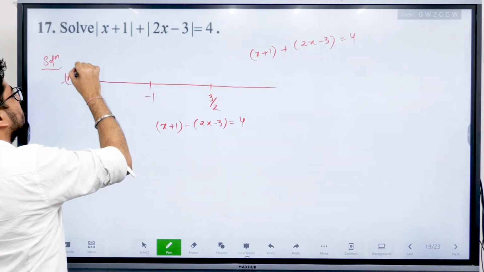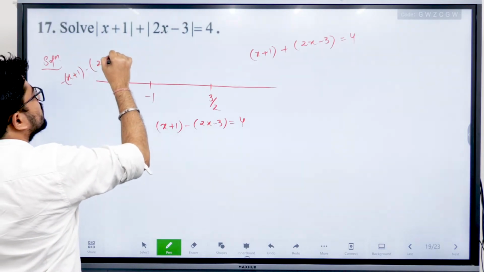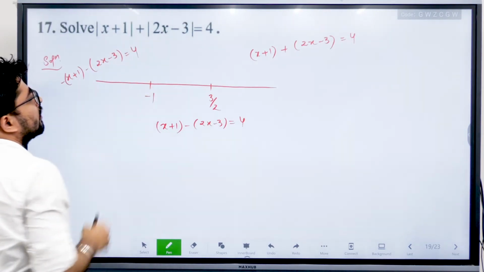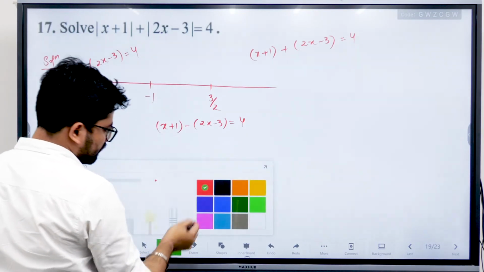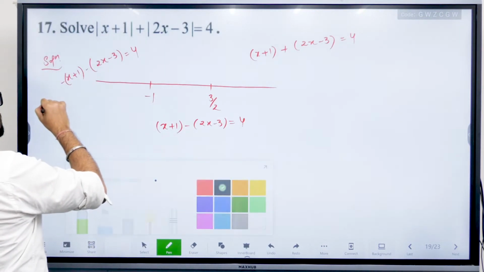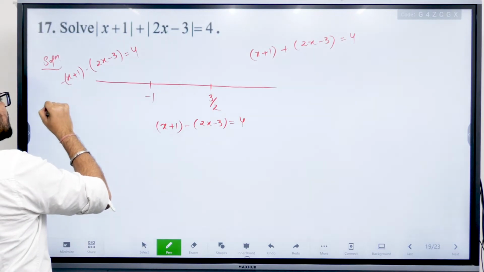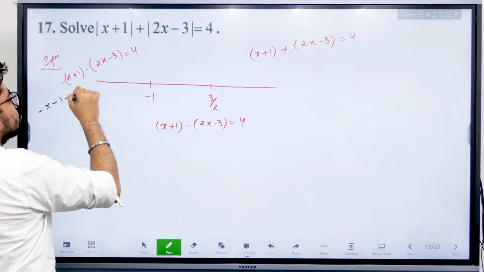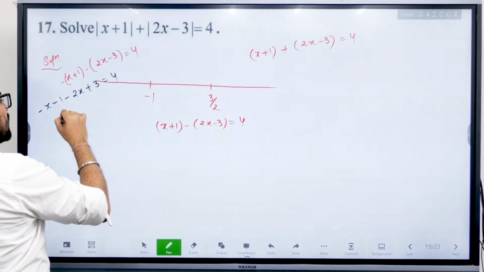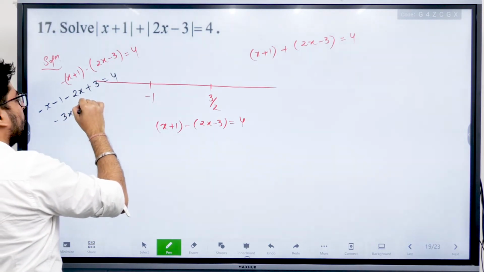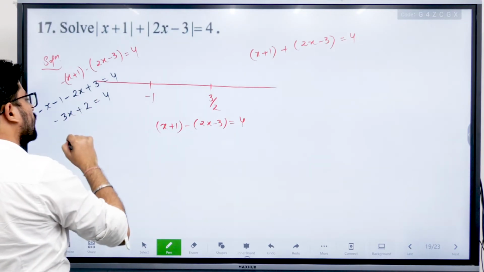So minus of x plus 1 minus of 2x minus 3 is equal to 4. Now simplify it. When you simplify your equation, you will get minus x minus 1 minus 2x plus 3 is equal to 4.